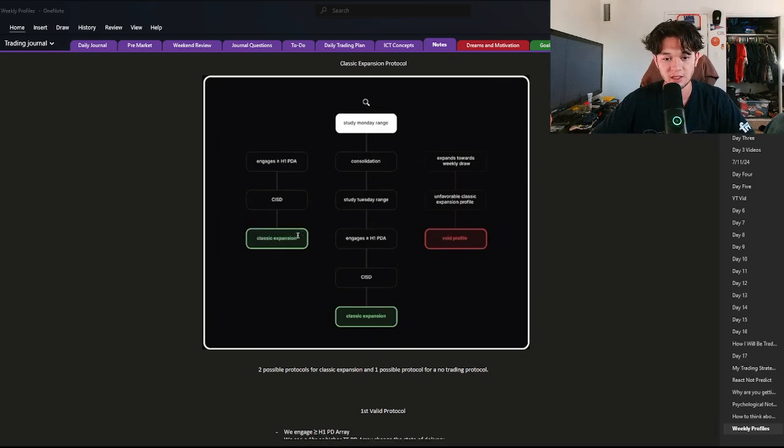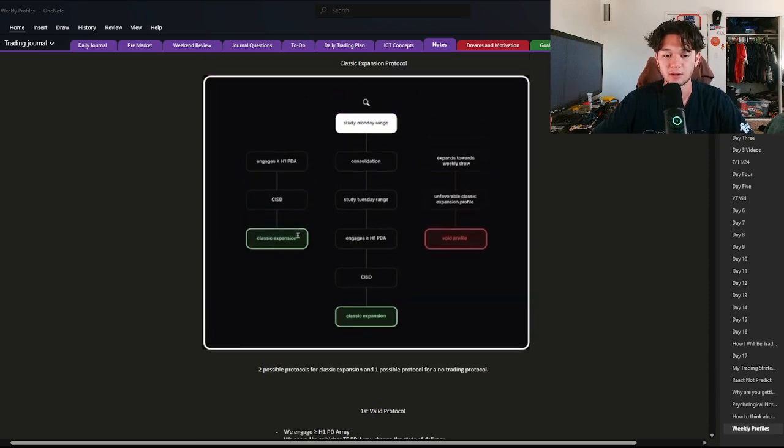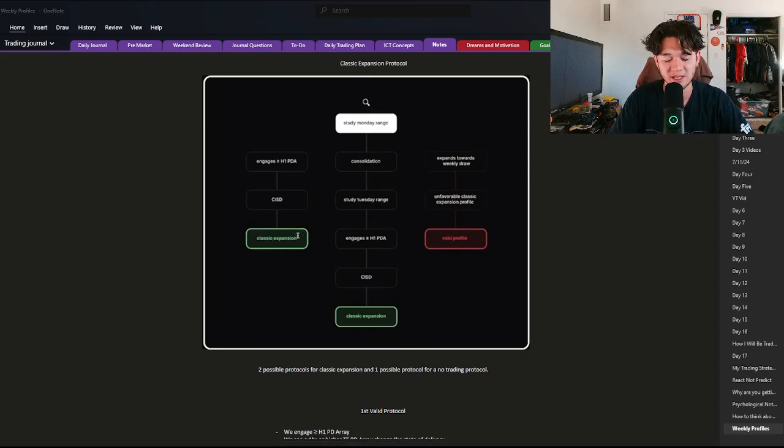Another thing we could get is, we let Monday play out, then we see consolidation on Tuesday. We look at both of the days, then we wait for price to engage a higher time frame PD array. So there will be consolidation, then say our weekly draw is bearish.